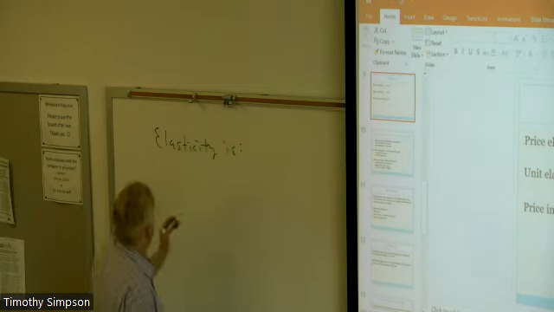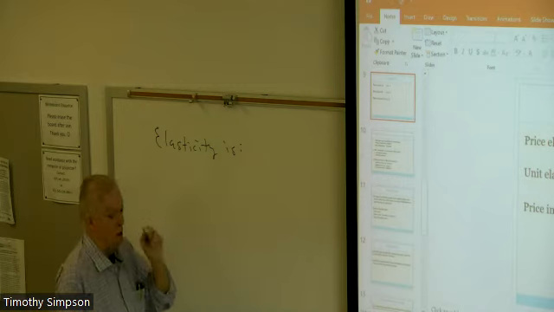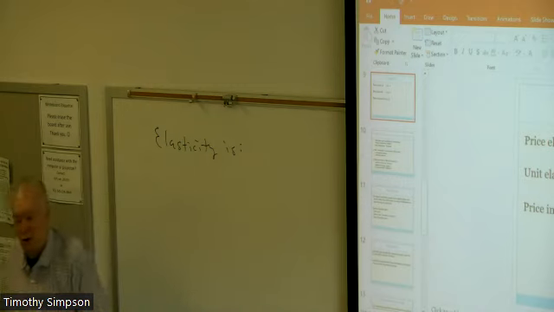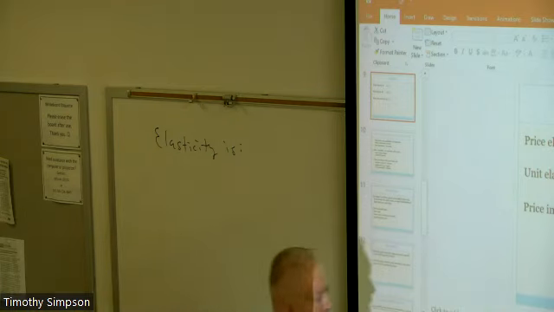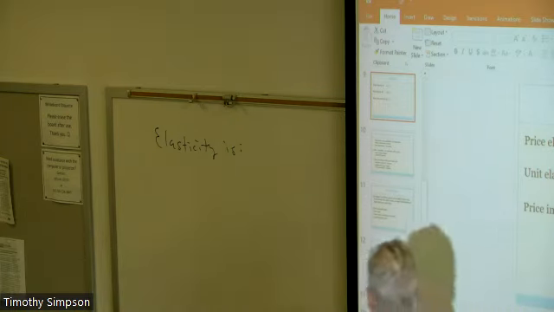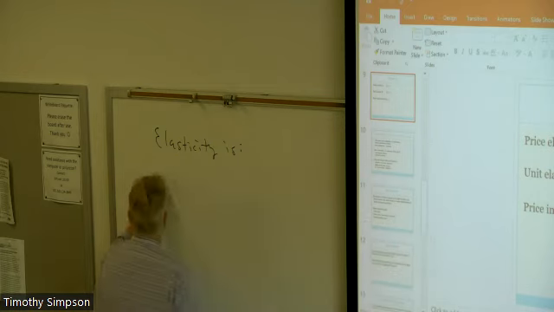Well, so think about this. First of all, what is it and what is it not? This is one of those definitions that's probably best described by saying what it's not, okay? So what it's not is, it's not a percentage.